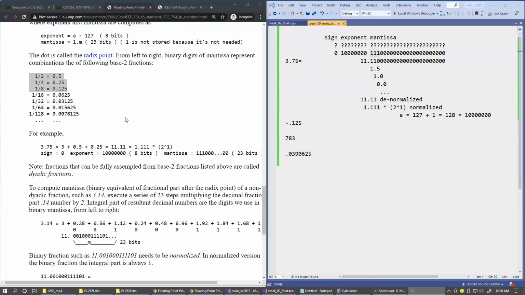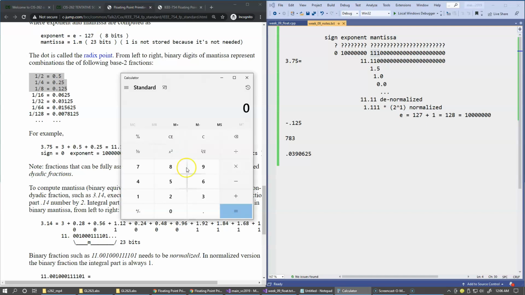We can sum them using the calculator and enter 0.5 plus 0.25 plus 0.125 equals this. Now remember that the integral part 1 was never stored in our floating point data structure in memory, so we just have to remember to add it manually. So we say plus 1 equals this. And finally, we have to multiply this by our exponent. So we say multiply by 2 equals 3.75.